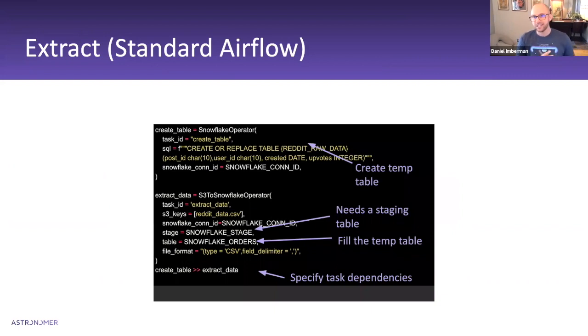The extract and load step of Airflow is, cool, how do I get data from S3 into Snowflake? Well, in this situation, if you're doing things from scratch, you first need to create your own temporary table. So you need to use the Snowflake operator to run a SQL query, define the whole thing out, and then use a Snowflake conn ID.